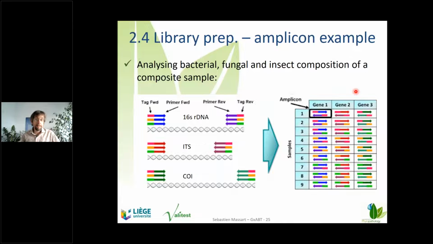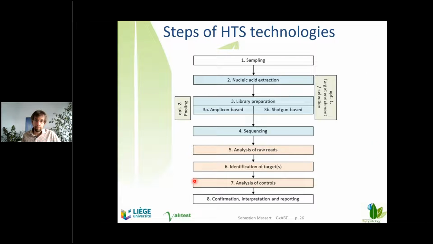If you analyze the bacterial, fungal, or insect composition, you will target either the 16S rDNA for the bacteria, the ITS for the fungi, and the cytochrome oxidase, for example, for the insects, which will allow you afterwards to assign a taxonomical level to these sequences. So that's for the library preparation, either amplicon or shotgun based.